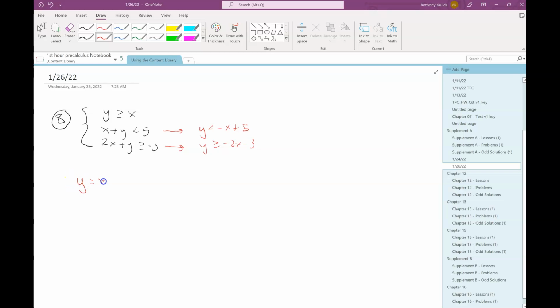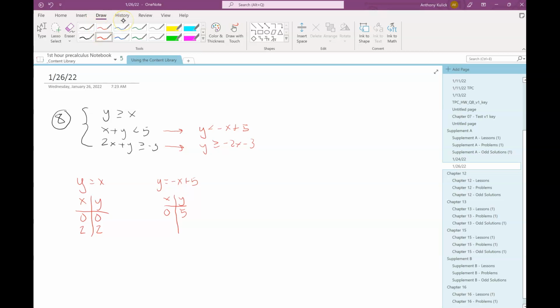So again, I'm going to pretend that these are equalities so I can find points on the lines. I'm just going to pretend they're equations. The second one, it's supposed to be x plus 3y.